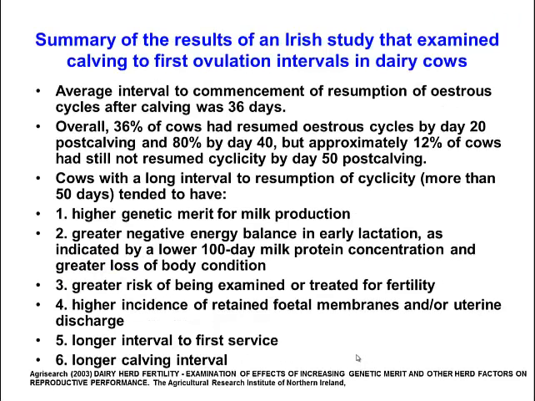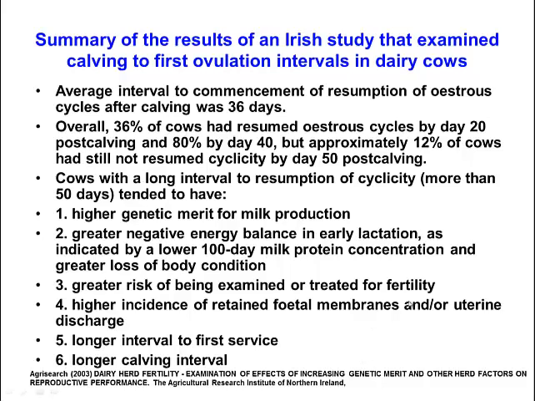This is just some results from an Irish study that looked at some statistics from dairy cows. The average interval to the resumption of estrus cycles in dairy cows in Ireland was 36 days, so it took about 5 weeks following calving for those cows to start cycling.